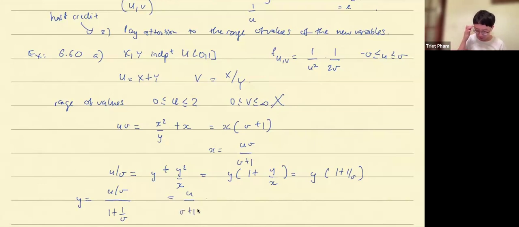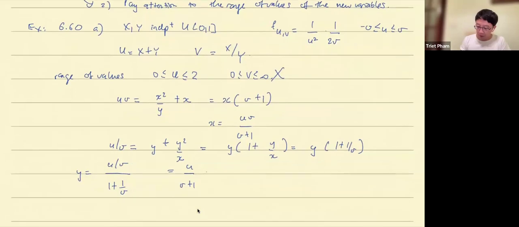Yes, of course, because if you have U times V, which is X, and you multiply by Y over X, then you get Y. But Y over X is 1 over V. Okay.